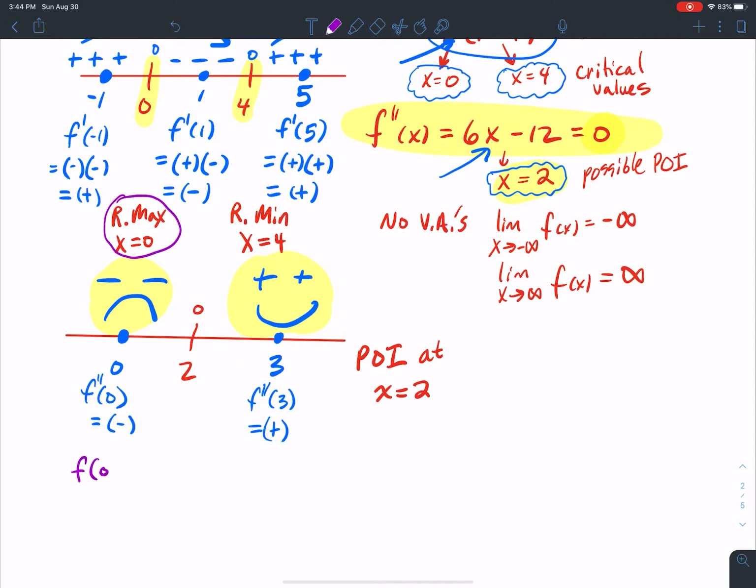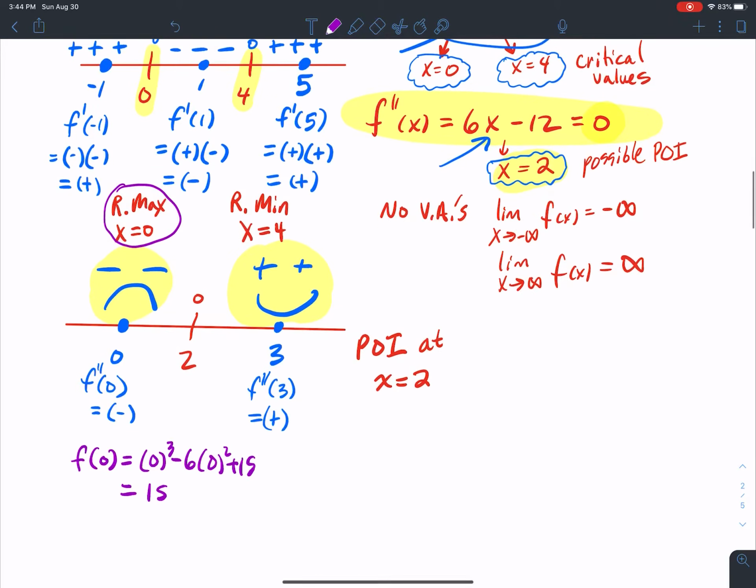I need to know what f of 0 is. So I'm going to do 0 cubed minus 6 times 0 squared plus 15. That's easy. That just gets me 15. So 0 comma 15 is my relative maximum here.